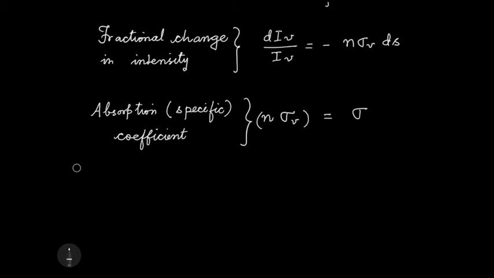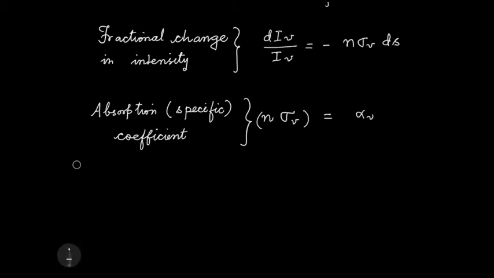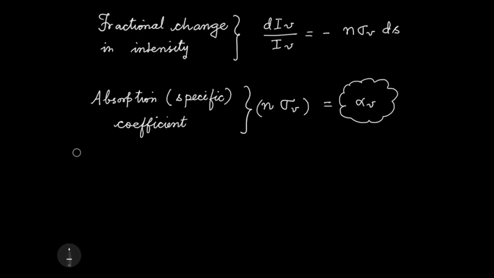So this sigma nu times n is the absorption coefficient, which we call alpha nu. Okay, so this is the absorption coefficient. The emission coefficient is j nu, and the absorption coefficient is alpha nu.